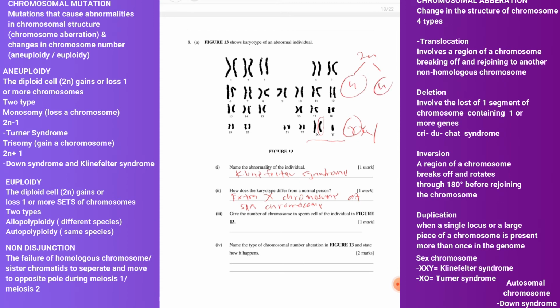But this individual will form an abnormal sperm cell, because we have XXY, so the sperm will be XY. Meaning that it will form n plus 1. Give the number of chromosomes, n plus 1.